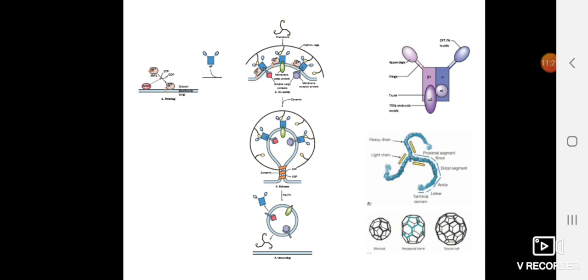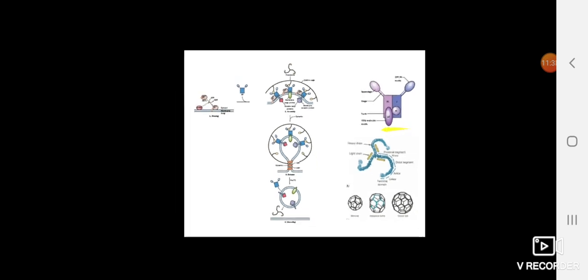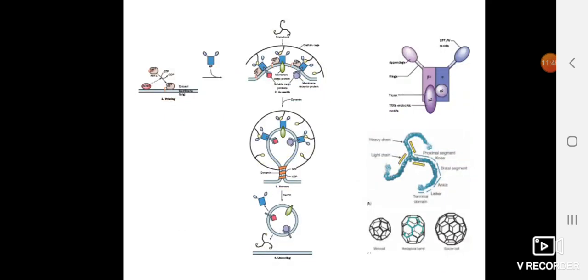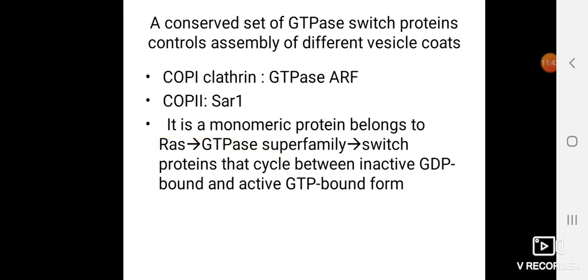Okay, or even they are going to be involved in sorting, means transportation of proteins to the specific targets. Okay, so this is how the clathrin coated vesicles are going to get formed by the coating process.